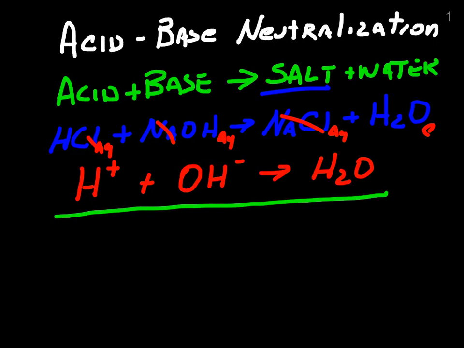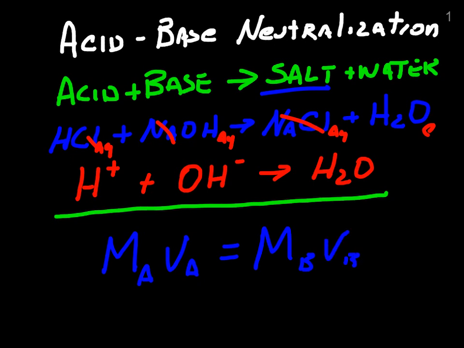There is a formula that will work to calculate neutralization, and it looks like this. Molarity of an acid times the volume of an acid will equal molarity of a base times volume of a base. And you've seen this equation before when we were talking about dilutions.